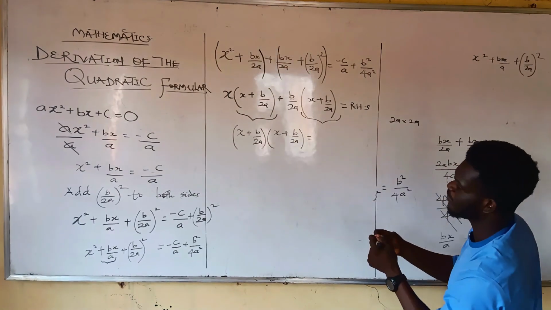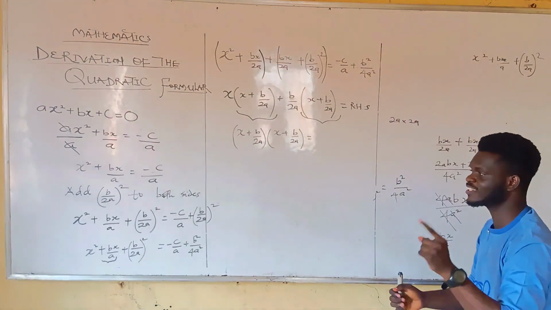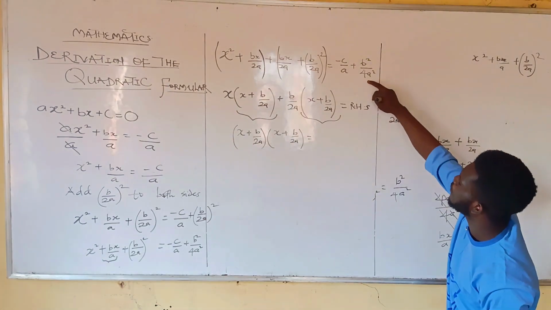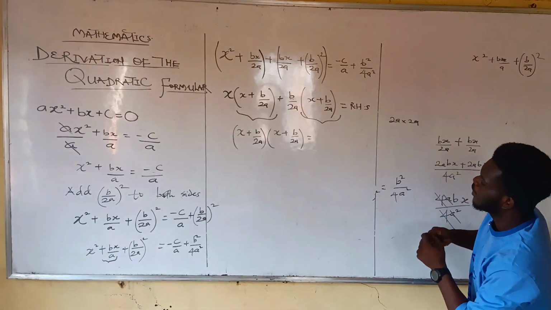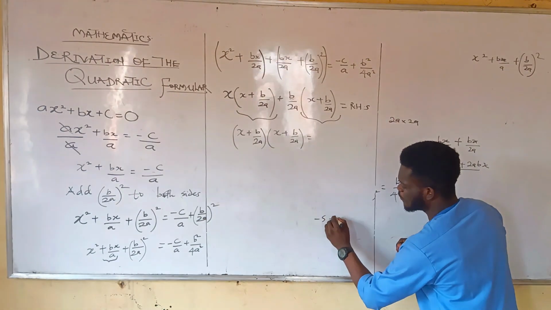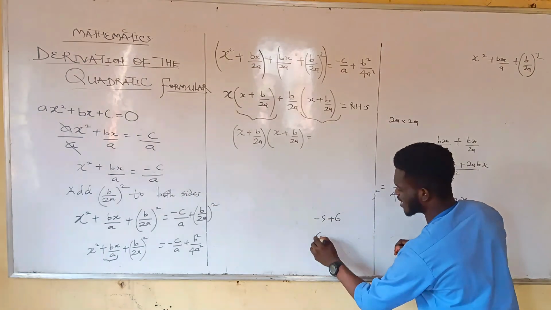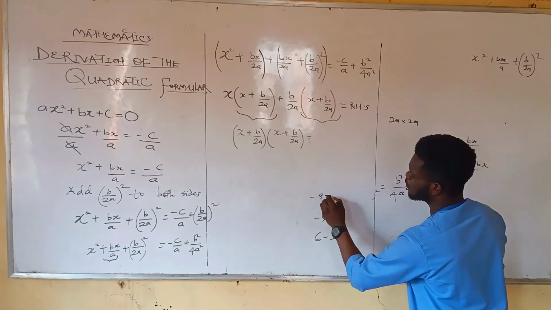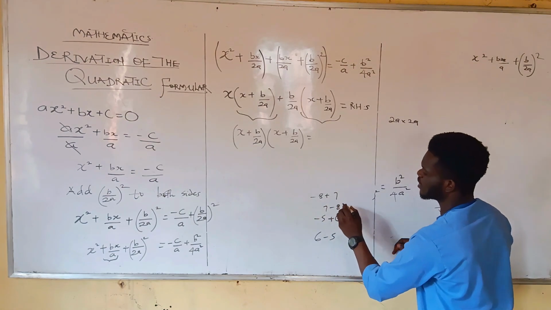So, okay, let's try to simplify our right hand side because simultaneously, like I said, we must solve the two questions simultaneously. Now, what are we going to do here? Let me explain something to you. Minus 5 plus 6 is the same as 6 minus 5. Note, minus 8 plus 7 is the same as 7 minus 8.